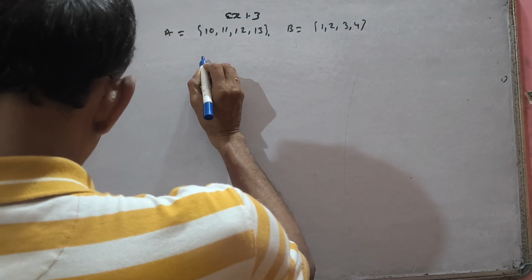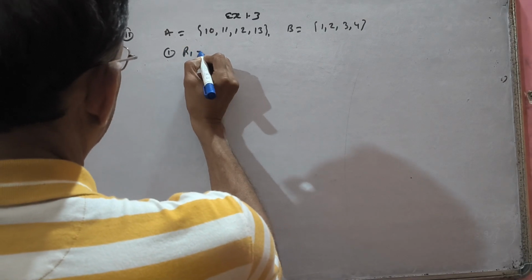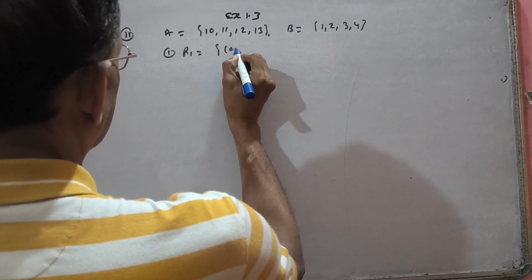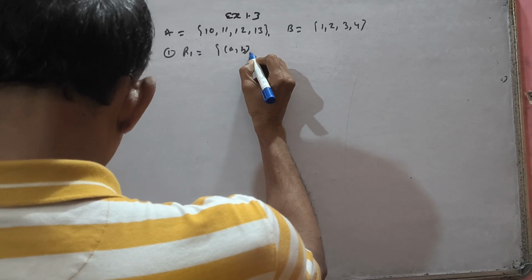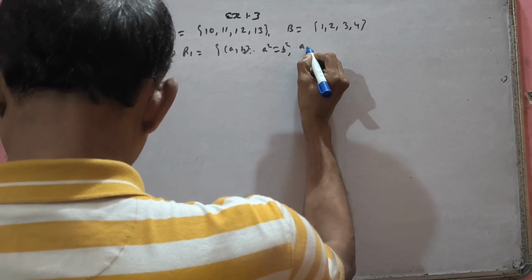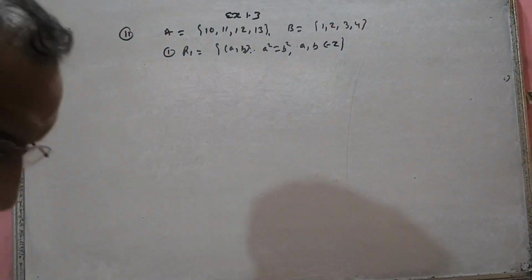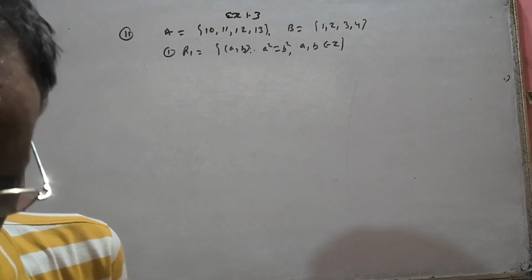Two sets are given. We have to find R1, which is equal to the ordered pairs (a, b) such that a square equals b square, (a, b) belonging to A cross B. This is R1.